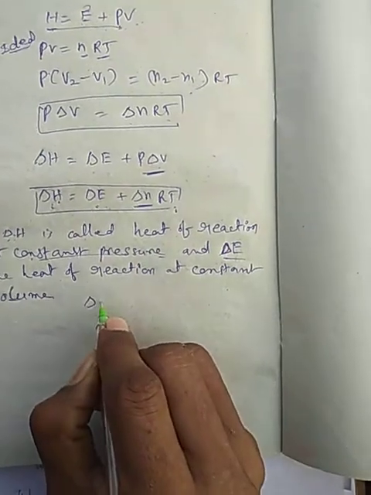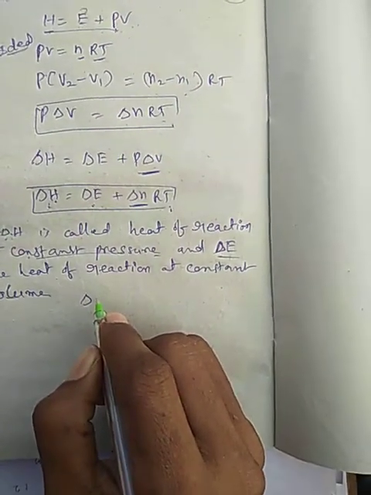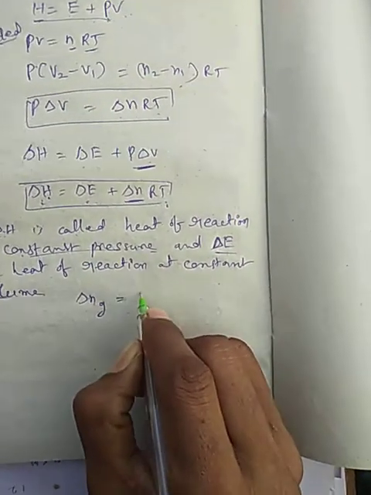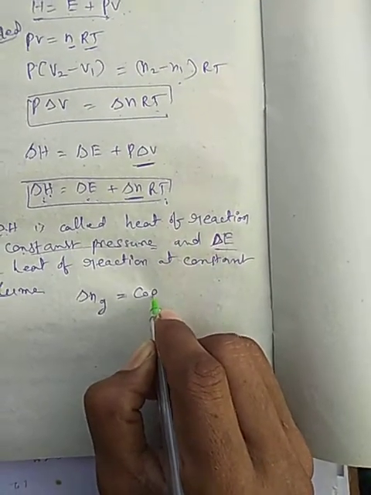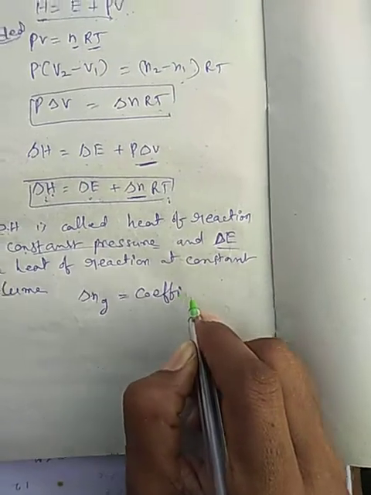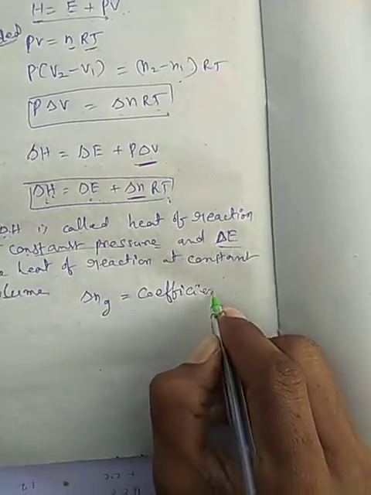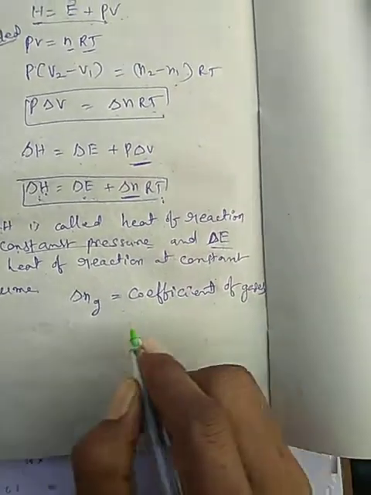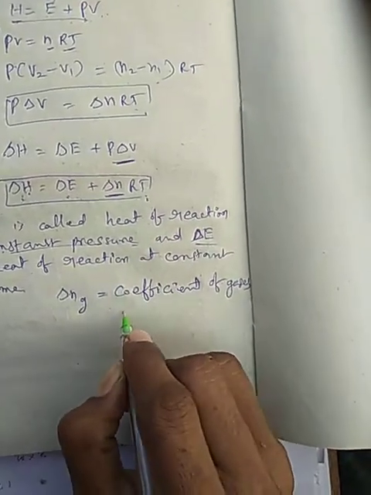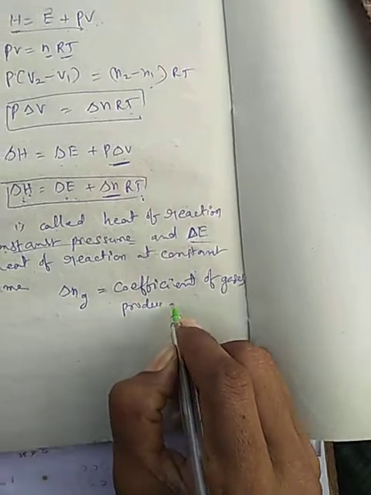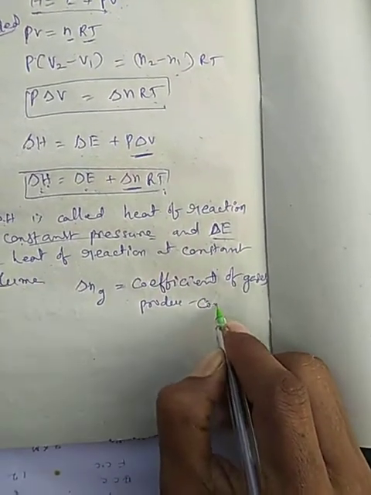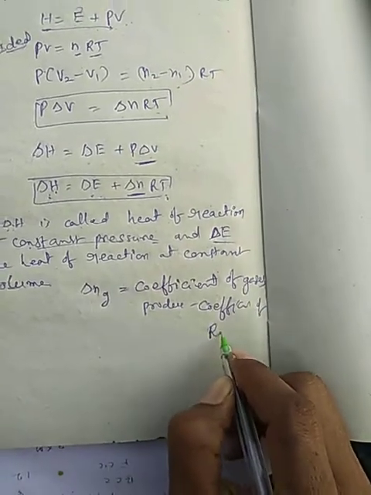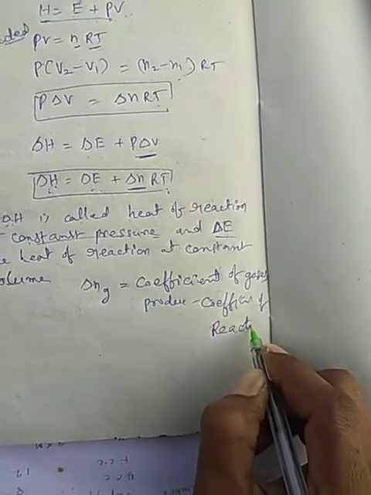Now delta n is the coefficient of gaseous products minus the coefficient of gaseous reactants.